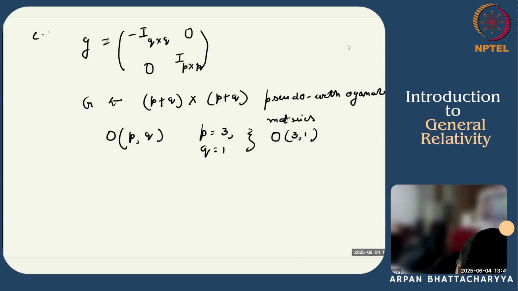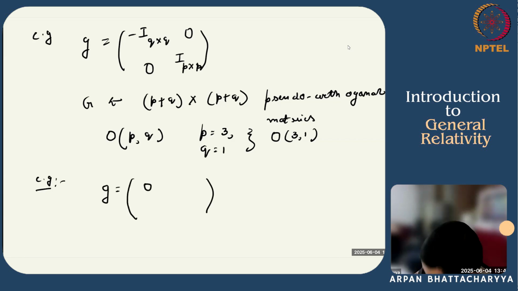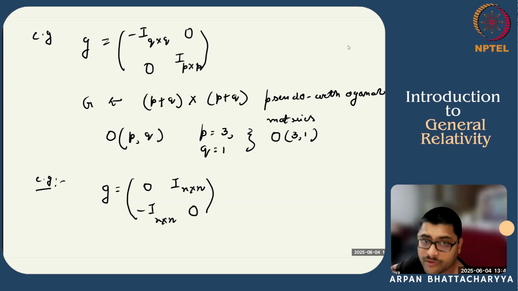Another example is when g takes the following form: 0 and n cross n identity matrix. Remember, now the diagonal blocks are 0 and you have off-diagonal elements. So here there is an identity block which is n cross n, and there is the minus of the identity, also n cross n. Remember, these are themselves n cross n matrices, so the dimension of g is actually 2n cross 2n.